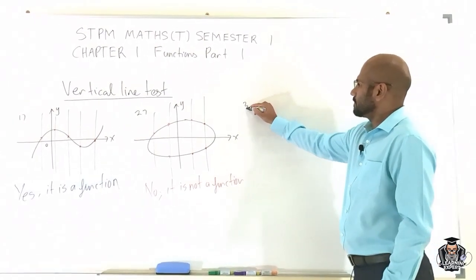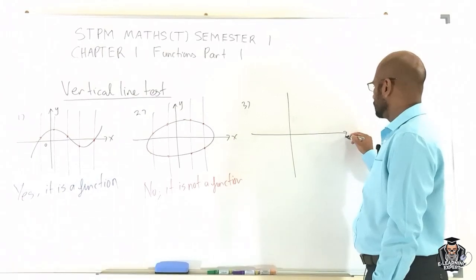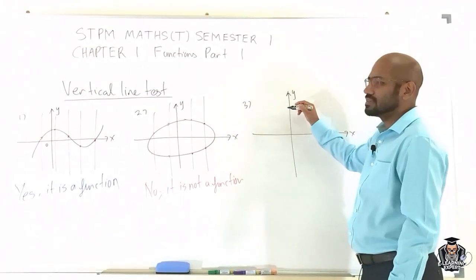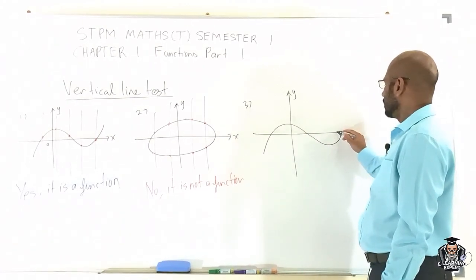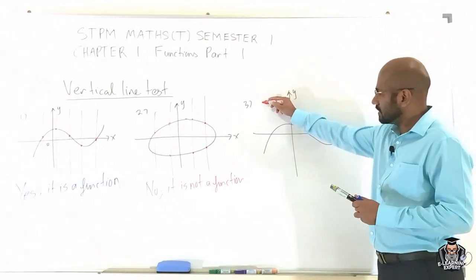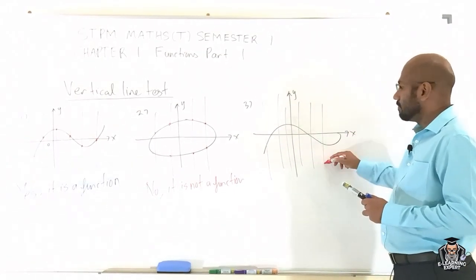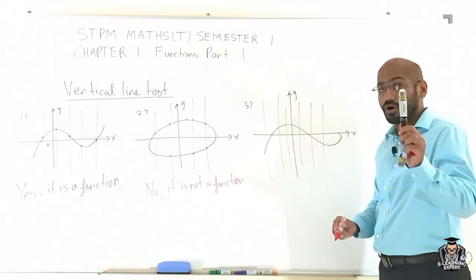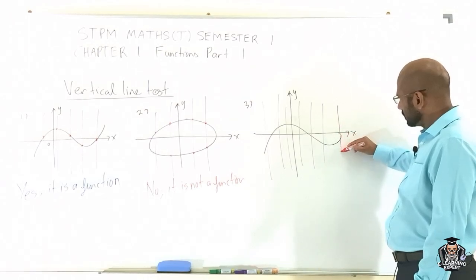And finally, sometimes we may have a graph that looks a little strange over here, something like a cubic as well, but it just turns over here. Now notice this, students, anywhere here we draw a vertical line, it cuts once, but as I said, at any point on the graph, see what happens to the small part here.